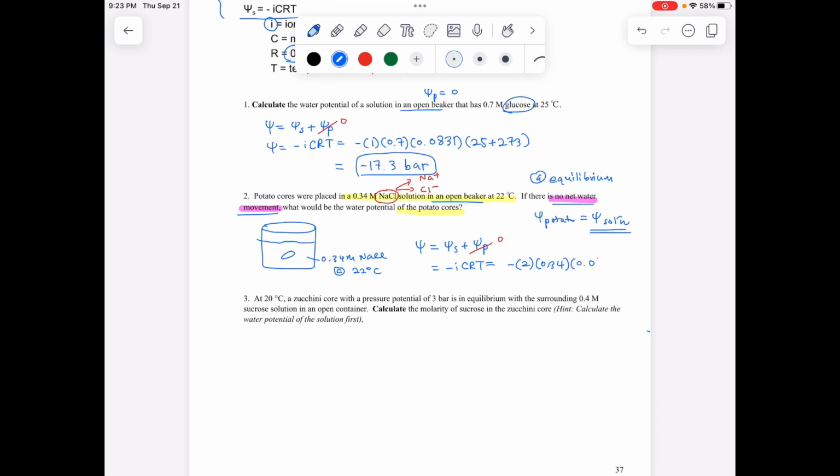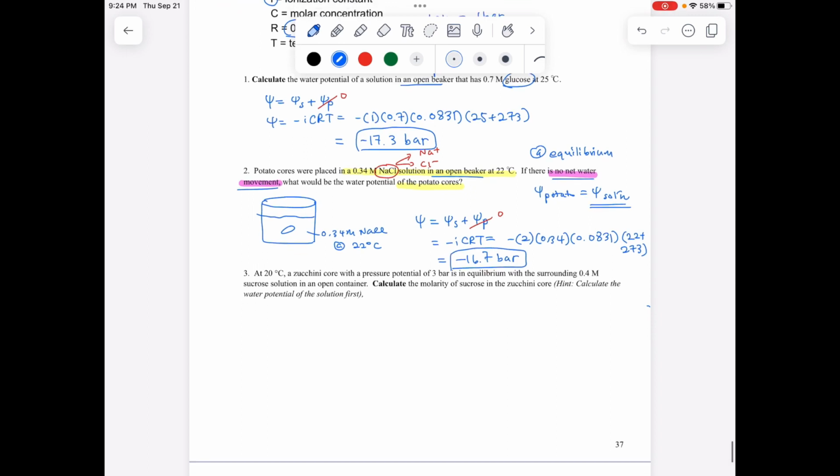R is 0.0831. And temperature in Kelvin is 22 plus 273. So put all of these into the calculator, and you should get negative 16.7 bar. Okay, so the second question was also easy enough.